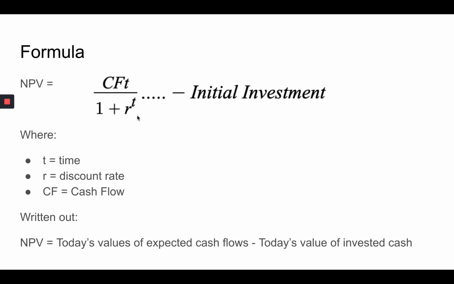So if cash flows are $1,000 and your discount rate is 5%, what it's going to look like is 1,000 over 1.05 to the first. And if there's a second period or year of cash flows of $2,000, it's going to be that plus 2,000 over 1.05 to the second, right?